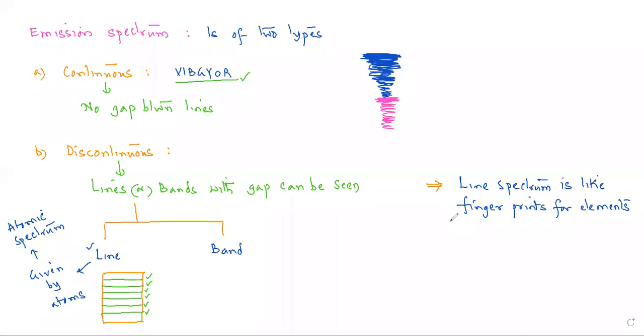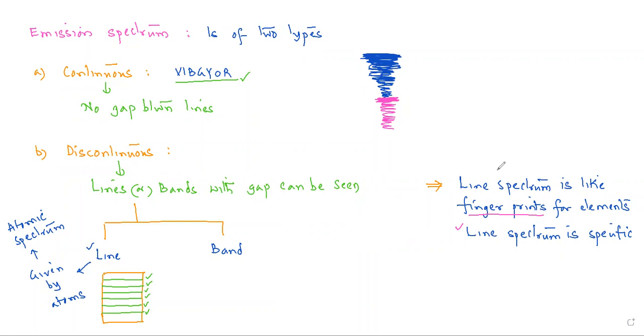Line spectra are different for a different element. Line spectrum is specific, specific in the sense special or different for different elements. Okay. So it is like fingerprints for elements.